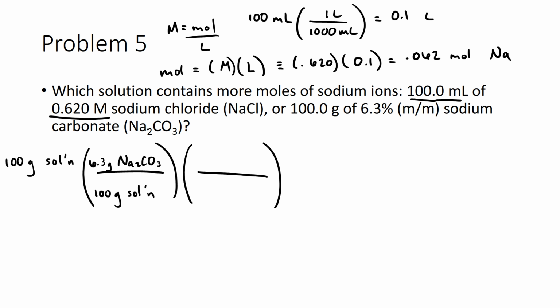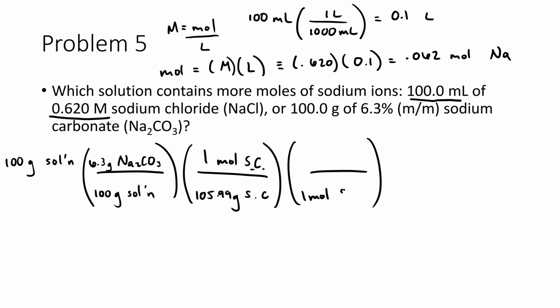Then we can use the mass of sodium carbonate to convert into the moles of sodium carbonate. And the mass of sodium carbonate is 105.99 grams, and I'm just going to abbreviate sodium carbonate, per 1 mole of sodium carbonate. And for every 1 mole of sodium carbonate, we have 2 moles of sodium.